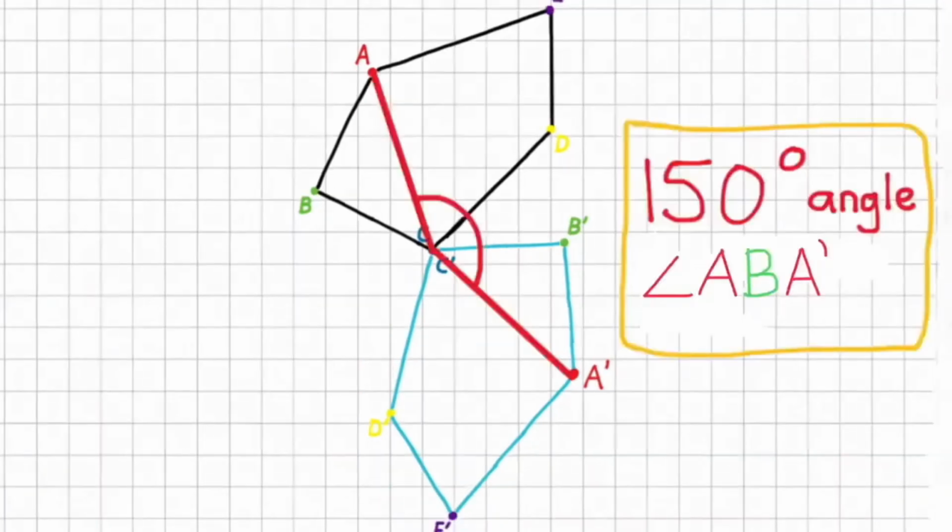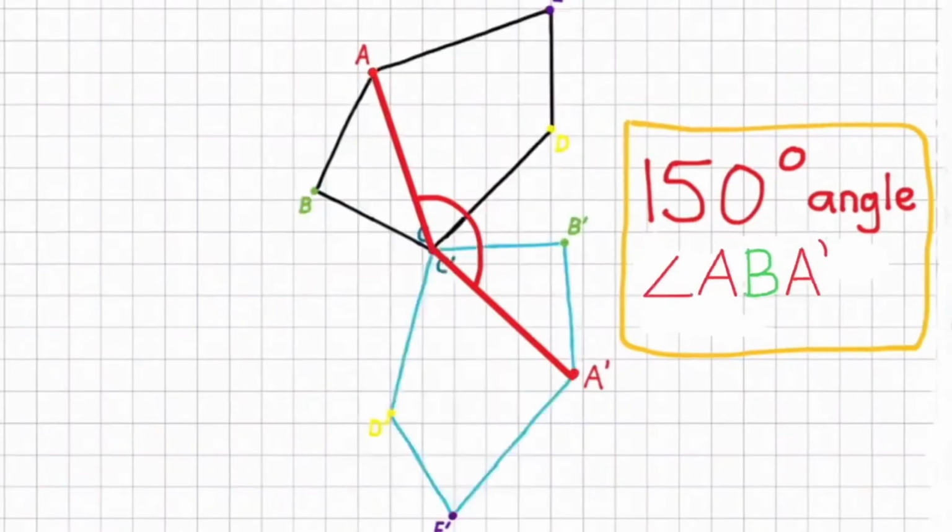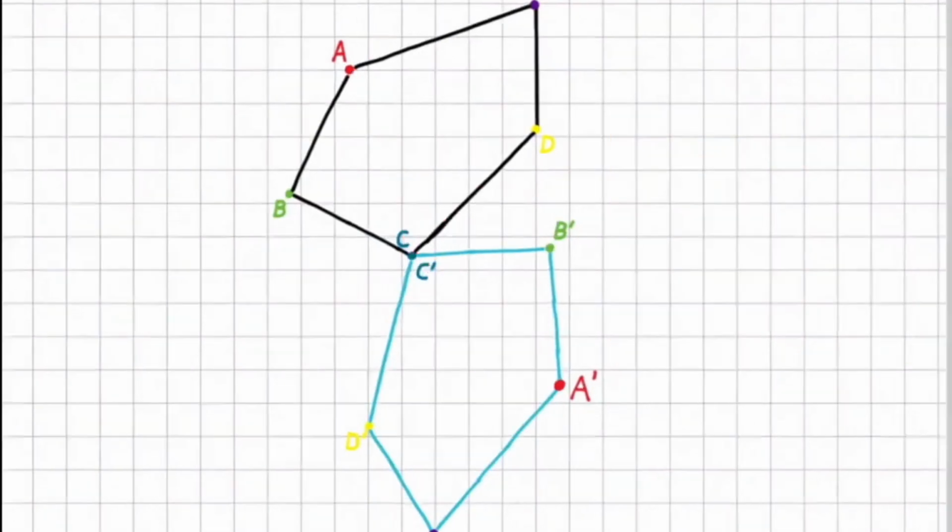Take a look at the original point A that goes to point C. And then from point C to point A on the rotation, you can tell that that's a 150 degree angle if you line up a protractor. When I remove all the other lines around it, you can tell that the angle A prime is 150 degrees. Again, if you were to line up a protractor, you'd be able to tell that the angle of rotation in this case was 150 degrees.